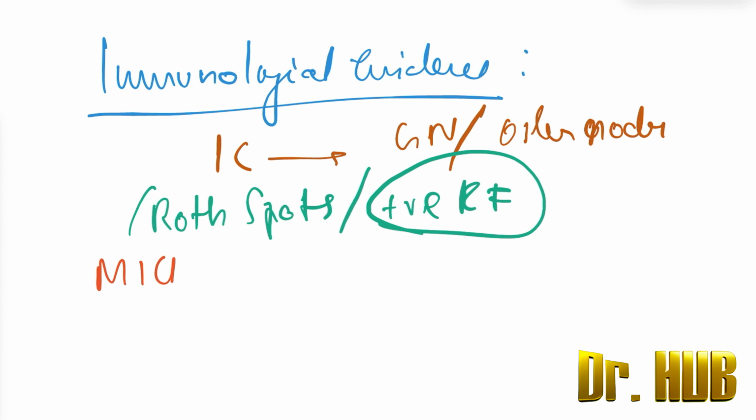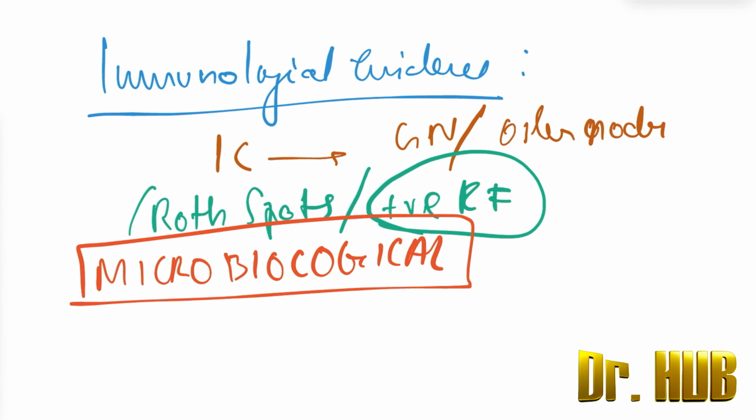Next, we also look for the microbiological criterion. This is nothing but a positive blood culture for microorganism consistent with infective endocarditis and not meeting the major criteria requirements.